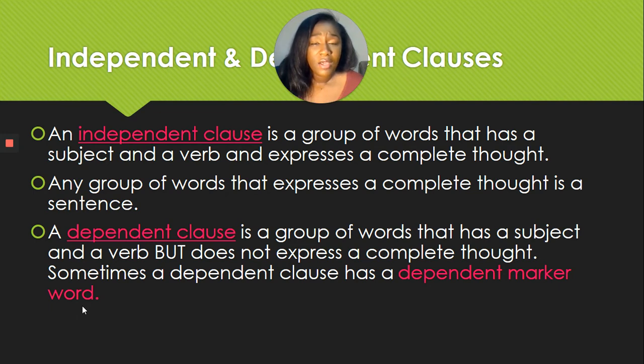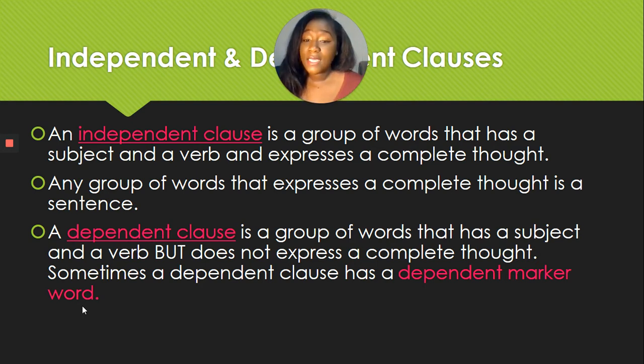So any string of words that expresses a complete thought is a sentence. And a sentence is an independent clause because it expresses a complete thought. It gives you the subject, gives you the verb, tells you the who, tells you the what.